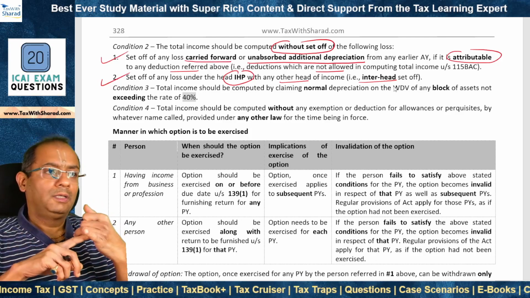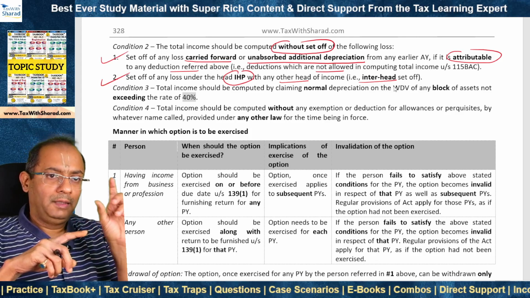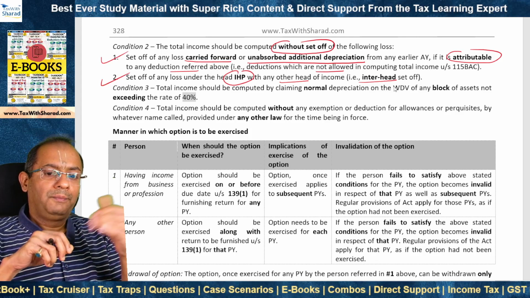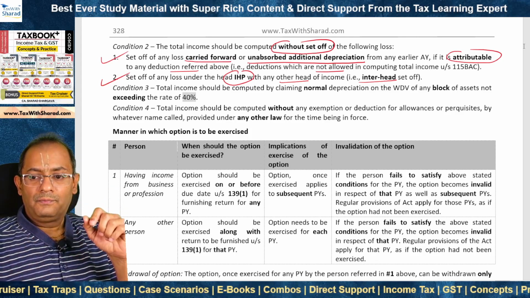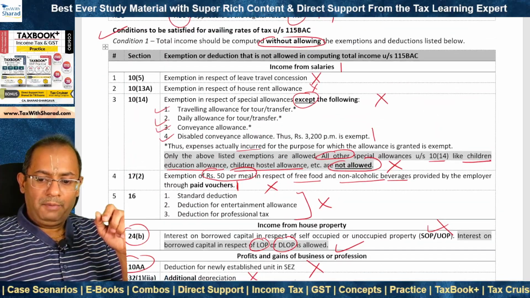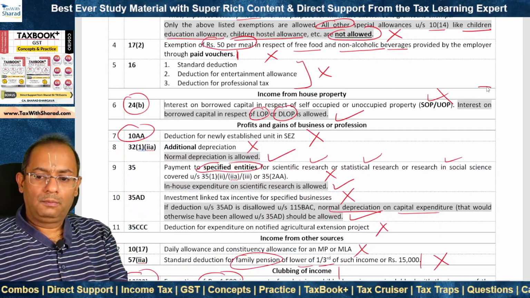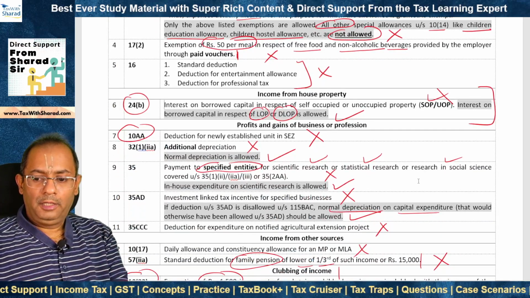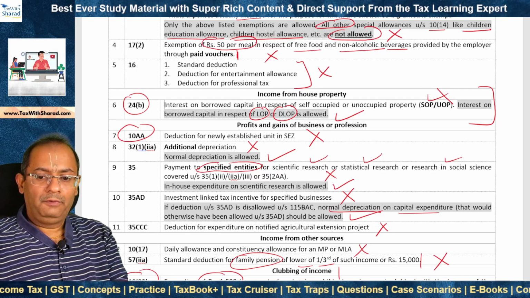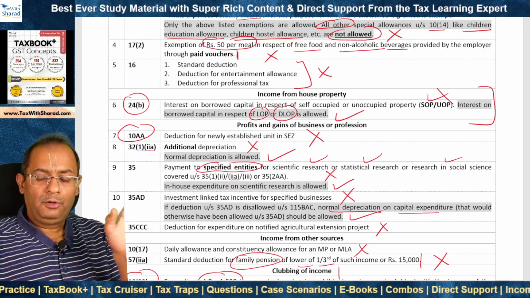Now, as far as loss on account of SOP or UOP is concerned, there is a limit of 2 lakh, right? But as we have noted above, interest on borrowed capital in respect of SOP, UOP is not allowed. So therefore, when computing 115BAC income, loss will not arise in respect of SOP or UOP.